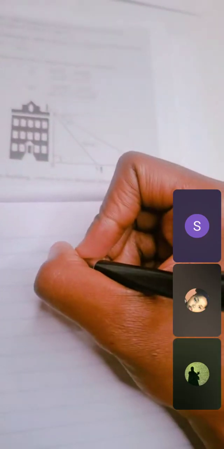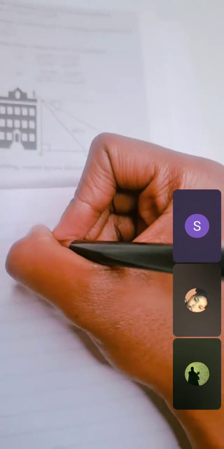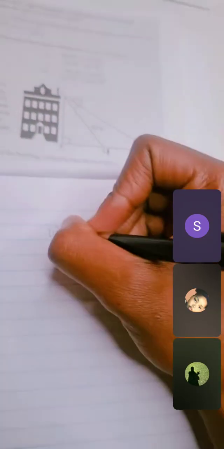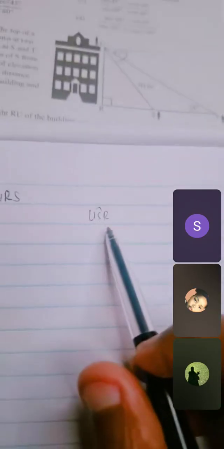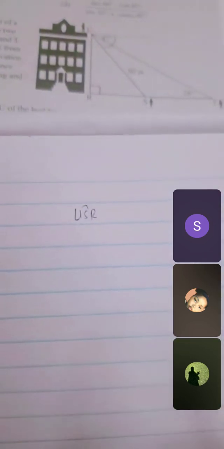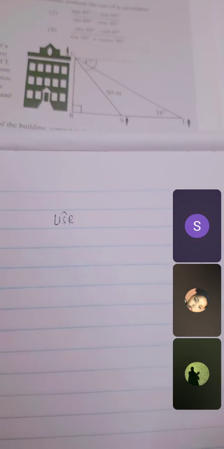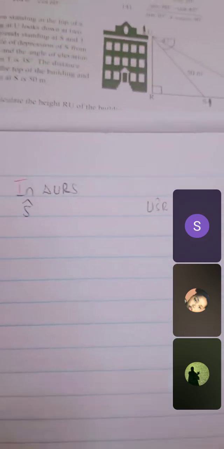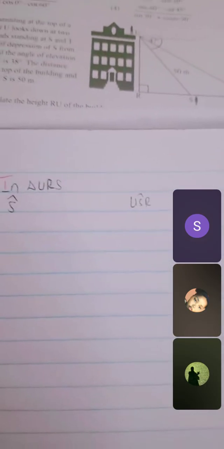But guys, if you don't state the triangle, then you are required to actually say angle USR, or you can say angle RSU with the cap on top of the letter of the angle you are referring to. I hope I'm making sense. Are you guys really hearing me?